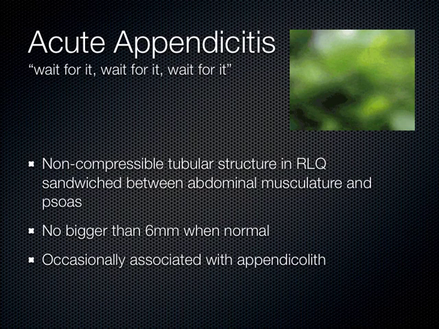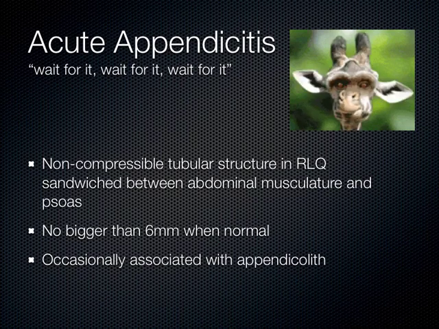Where's the freeze? Hit freeze, and then you can scroll back and see it again. Or you just keep compressing around, looking for it, and then boom, there it is again, and then it goes away. So there's a lot of art here, and it's very operator dependent. Over time, you find that you do get better with this.